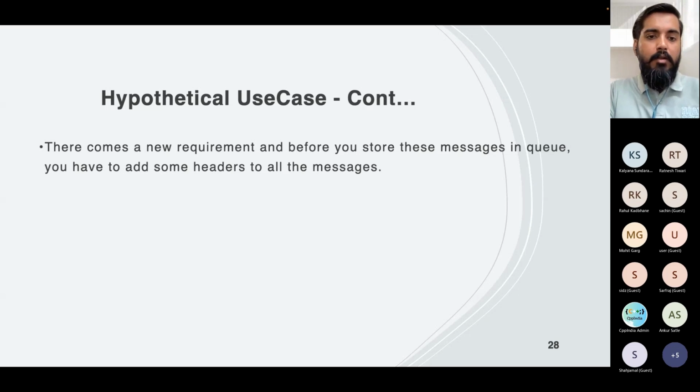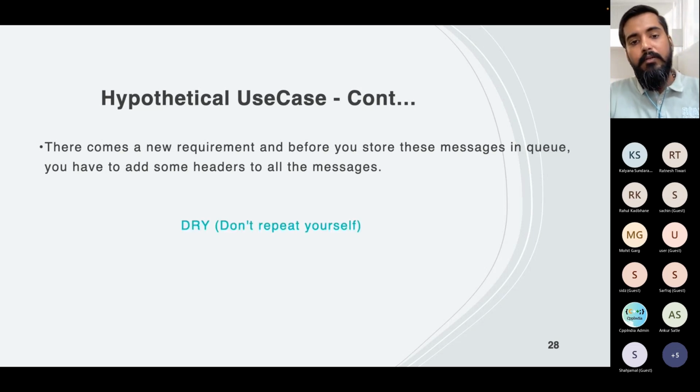We created 10 classes. Now for each class, we'll have to add this same metadata before pushing into the queue. So you will repeat yourself. Your code will be duplicated, but don't repeat yourself. Remember, you need to be DRY.